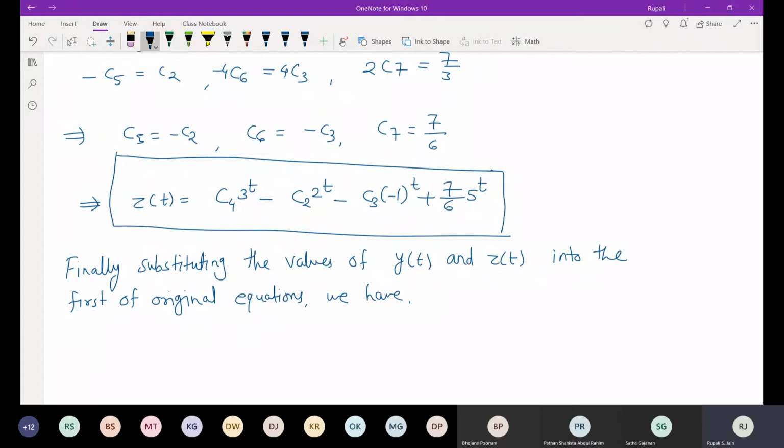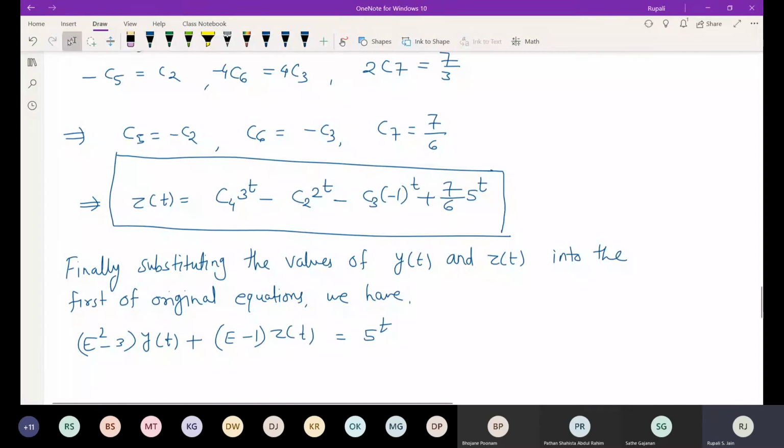What is my first original equation? E square minus 3 times yt plus e minus 1 of zt, which is equal to 5 raised to t.